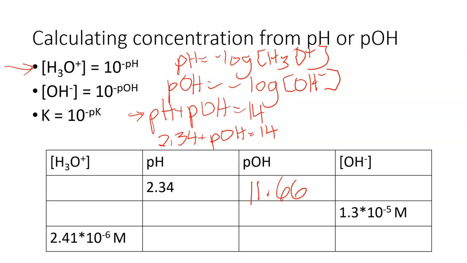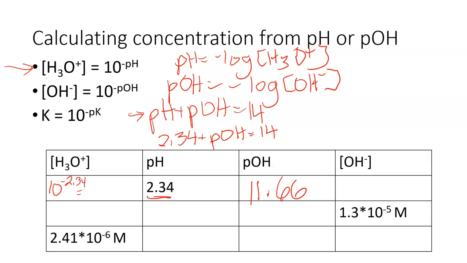Now I want to find my H3O+ concentration. I have my pH, so it's going to be 10 to the negative 2.34. I'm going to use my calculator to calculate this out.